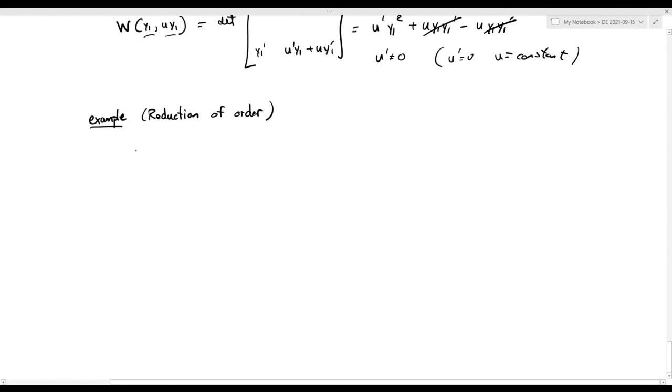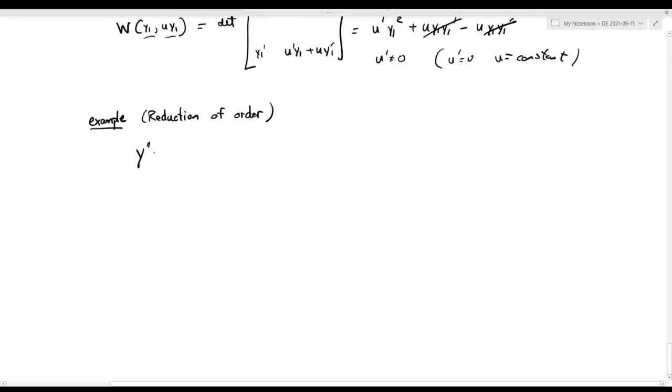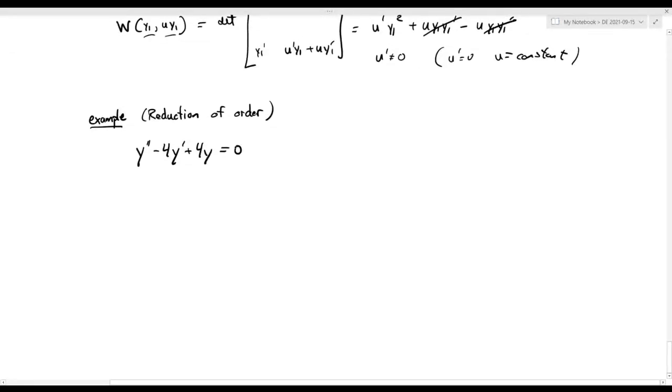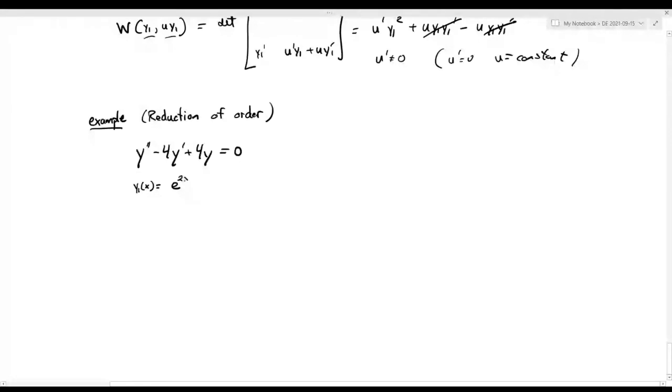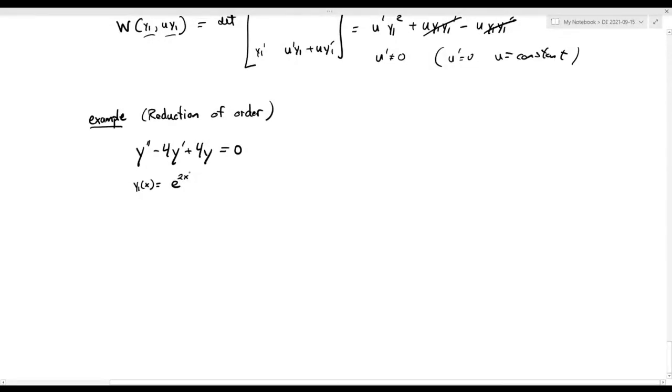So suppose we have this differential equation, second order, and it's linear, and it's homogeneous, so equal to 0. And I tell you that this y1 is equal to e to the 2x. Okay.